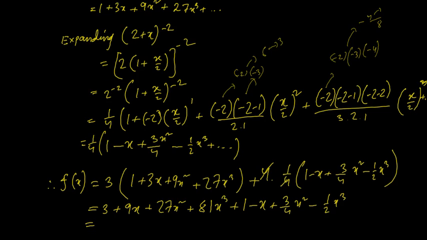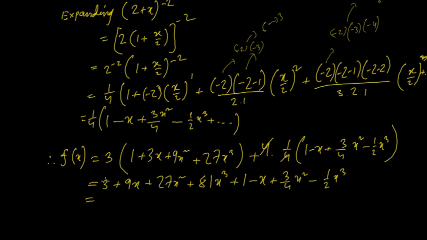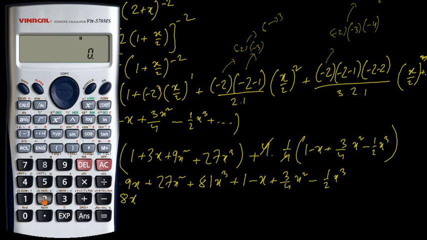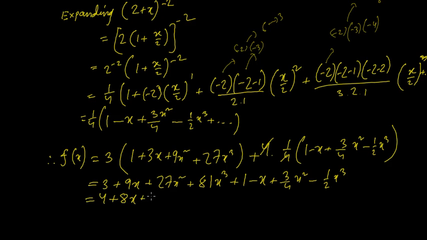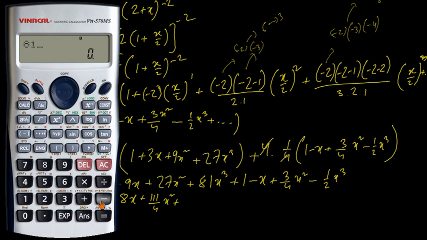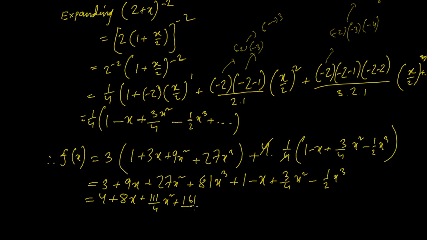Now 3 plus 1 is 4, 9x minus x is 8x, 27x squared plus 3 by 4 x squared, so 27 plus 3 by 4 is 111 by 4, 111 by 4 x squared, plus 81 minus half, if you take x cubed common, that means 161 by 2 x cubed.